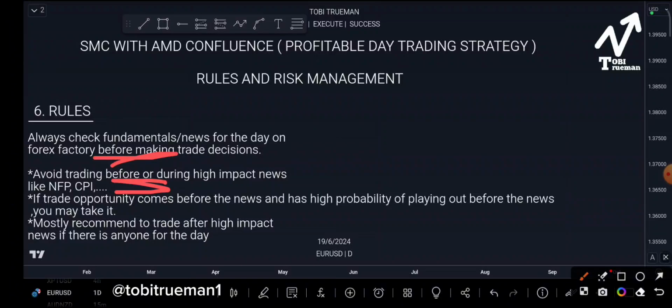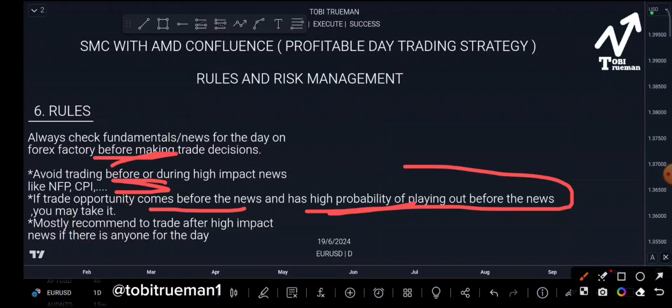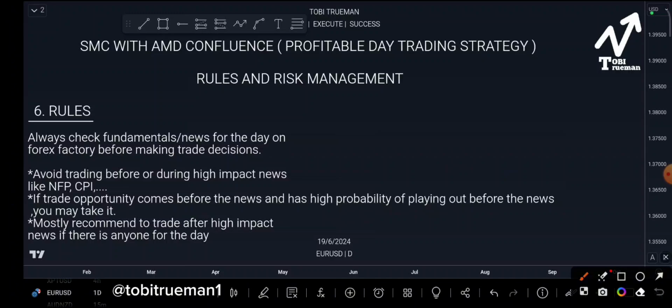Now, the number 2 thing you have to do is, if a trade opportunity comes before the news and has high probability of playing out before the news, you may take it. What I'm saying is our trading strategy here is for what? London and New York session, right? London session starts in the morning and New York session starts in the afternoon according to my Nigeria time here.